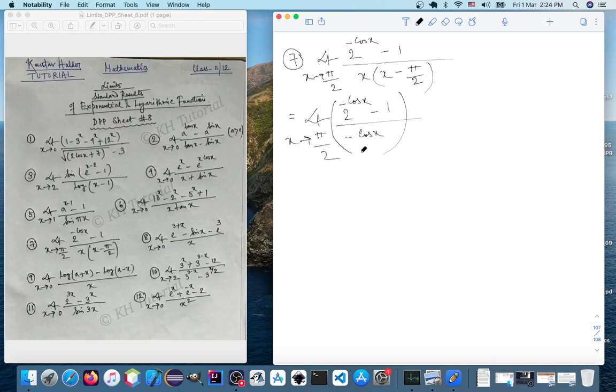So we have the standard result over here, because here in a to the power x minus 1 by x, x is a function of x which is minus cos x, which tends to 0 when x tends to pi by 2. Now we have to adjust this minus cos x, and we are left with x into x minus pi by 2.